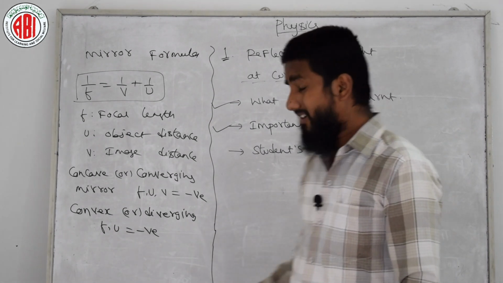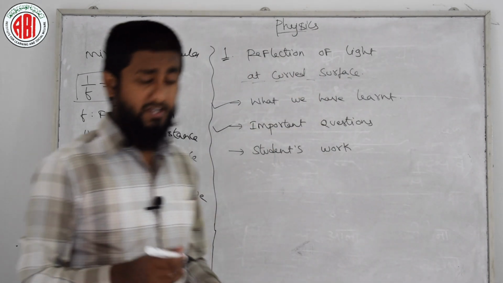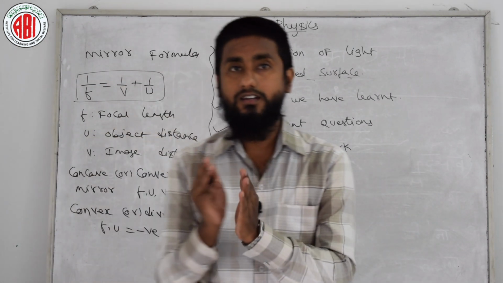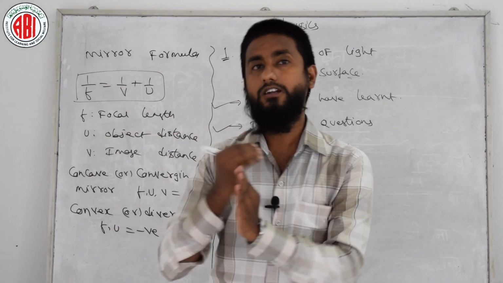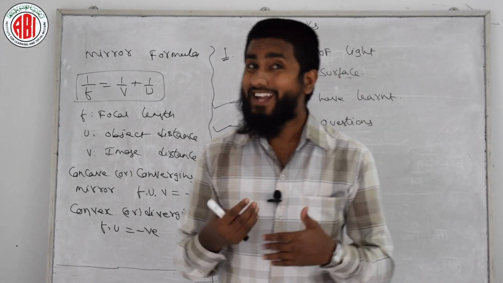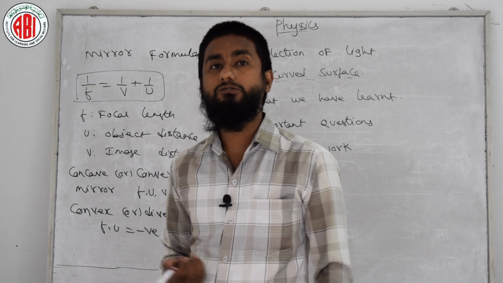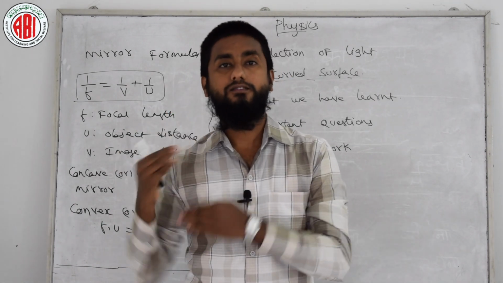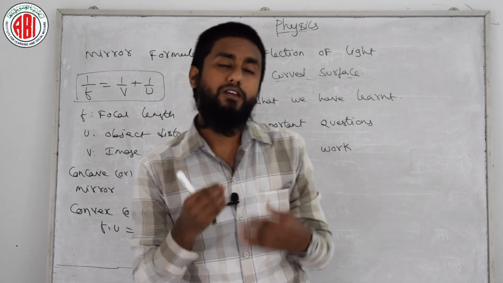After this, one more thing it might ask in your examination: it will give the height of the object and you need to find the height of the image. For that we have one formula. In this also we need to apply one more formula.